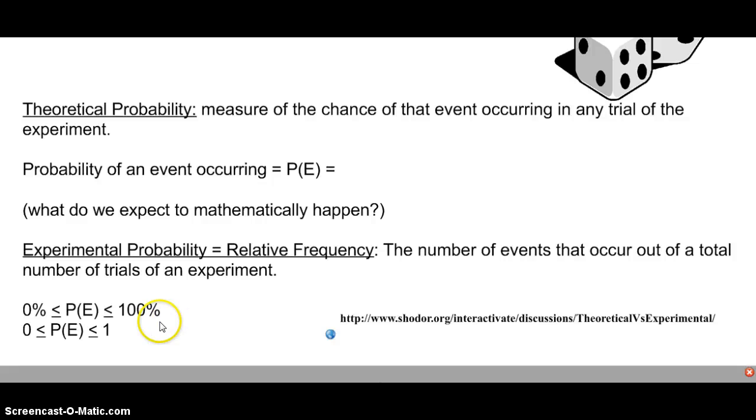And our probability will need to be some number in between 0% and 100% if we're looking at percent data. If we're looking at a decimal range, it'll be some number between 0 and 1. We can't have a probability bigger than 1 or more than 100%.